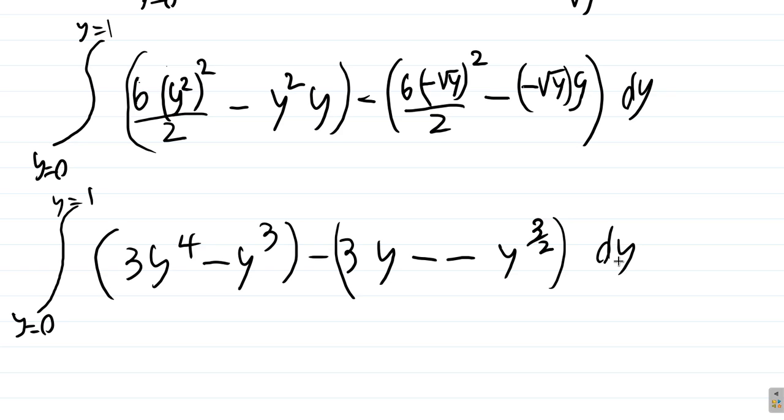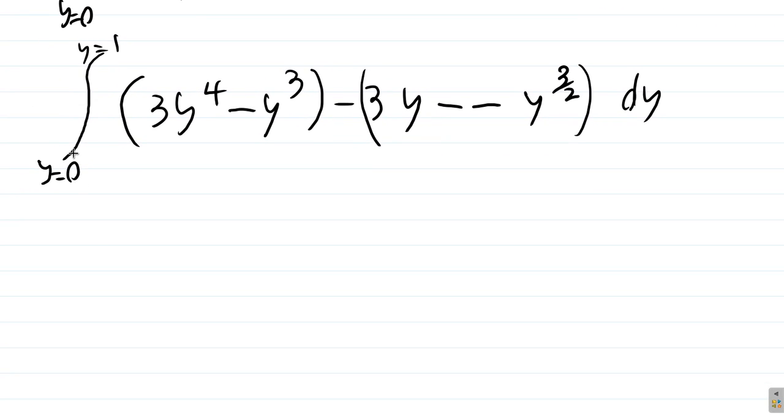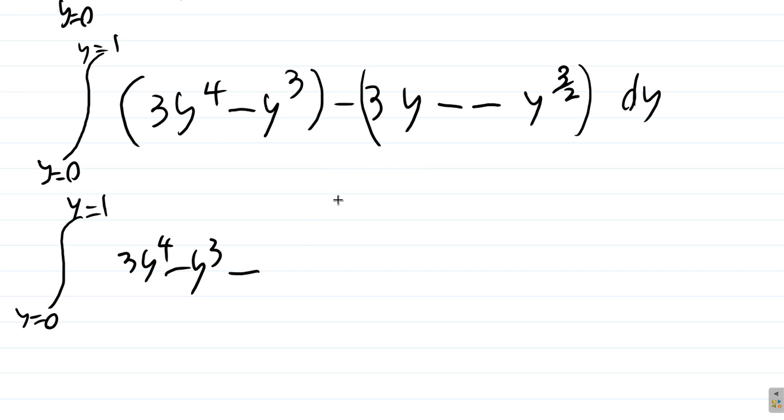Now, simplifying even further. The integral from y equals 0 to y equals 1 of, you have 3y to the fourth minus y cubed minus, first you have 3y plus y to the 3 over 2 because you have a minus negative dy. But let's open the bracket.